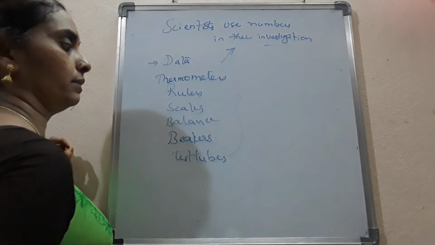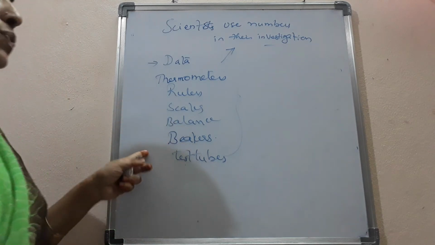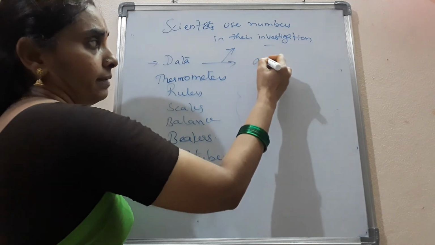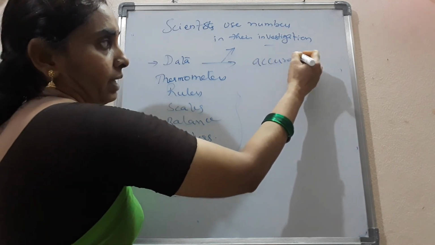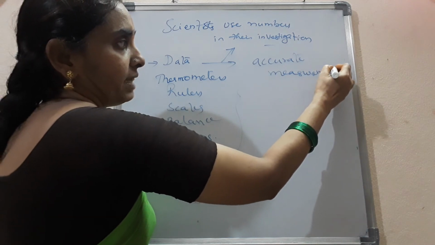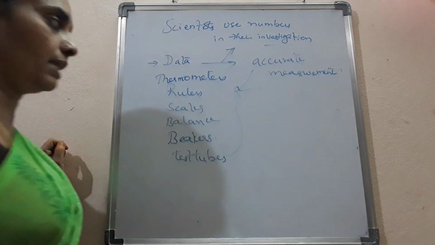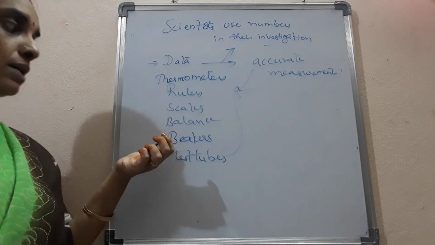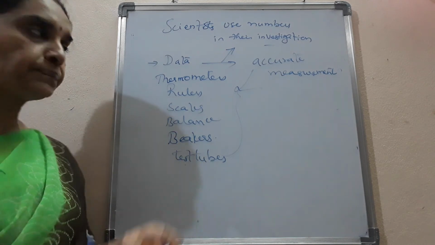So these are all the equipment they use to find the data in an accurate manner. They get accurate measurements by using instruments like thermometers, rulers, scales, spring balance, or the balance that they use, or the beakers or test tubes.